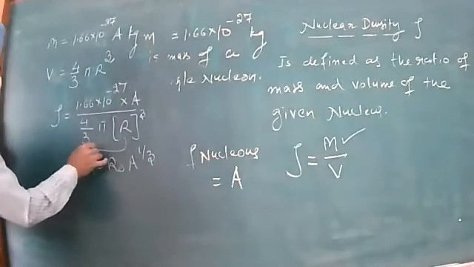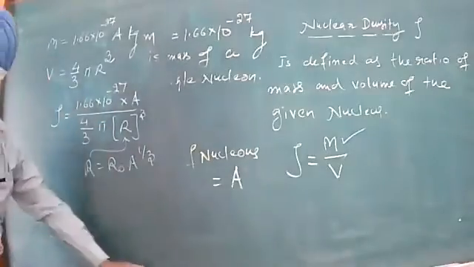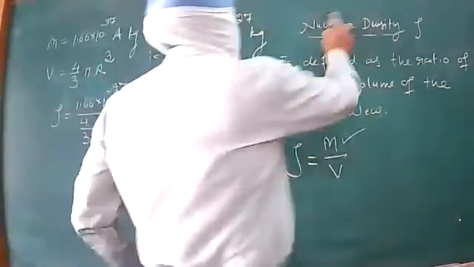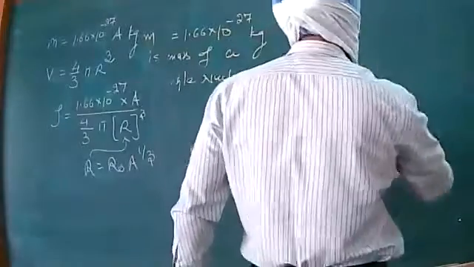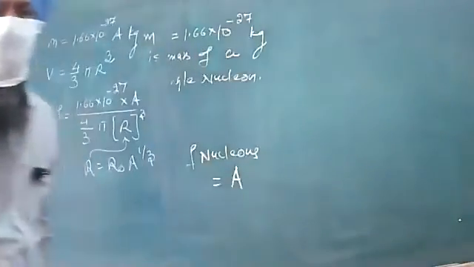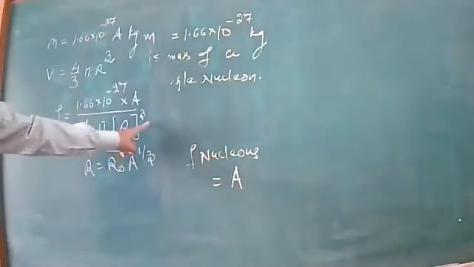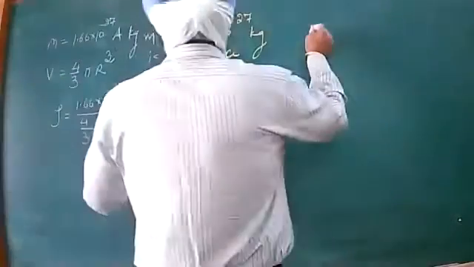Now I can substitute it over here this way, and when I substitute, I will directly get the density. Let us see how we get the density in this case. Let us substitute the value.